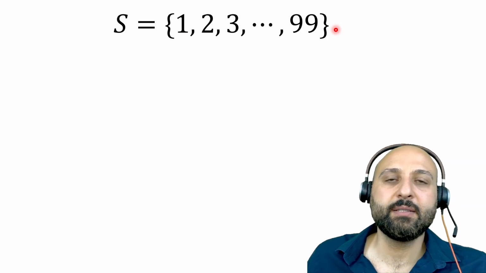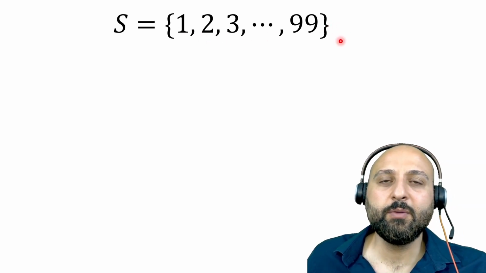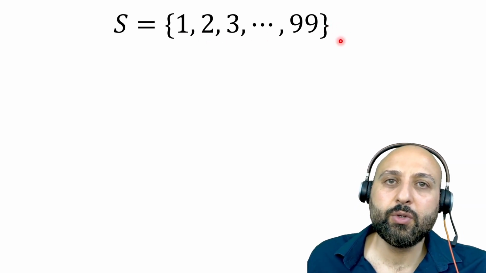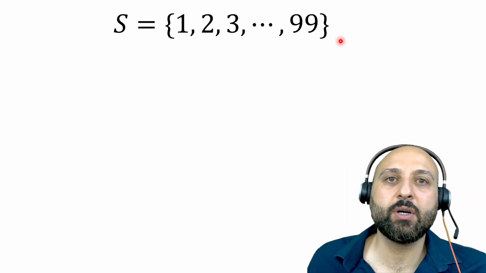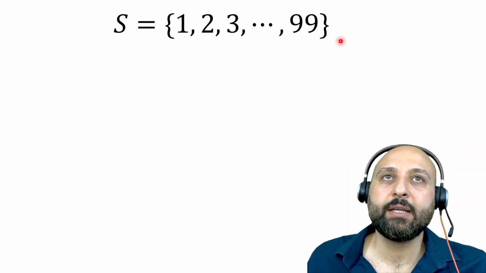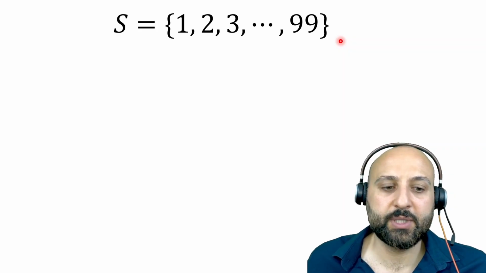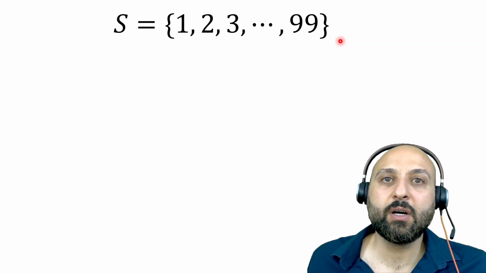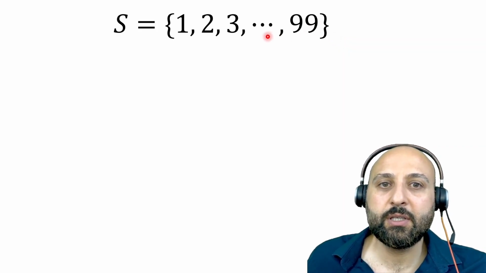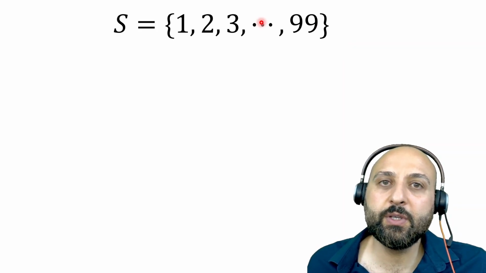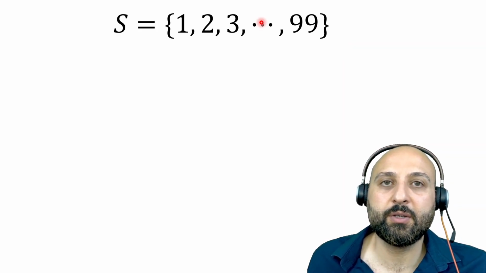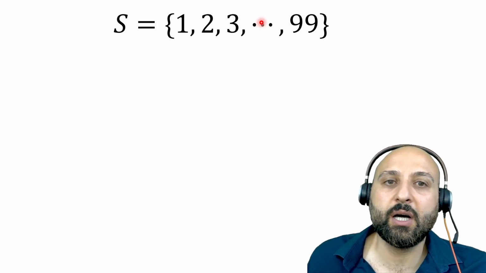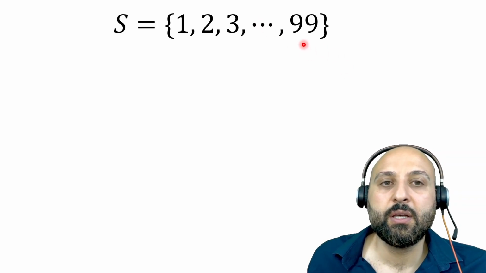We have this set S, which is this one. Obviously, the first thing that we can do is to try to make a subset that none of its elements are twice each other, and we try to maximize the size of this subset. The first thing that comes into my mind is that if I put numbers from 50 to 99, then none of them can be twice the other, because 50 multiplied by 2 is already 100, which is larger than the largest element.